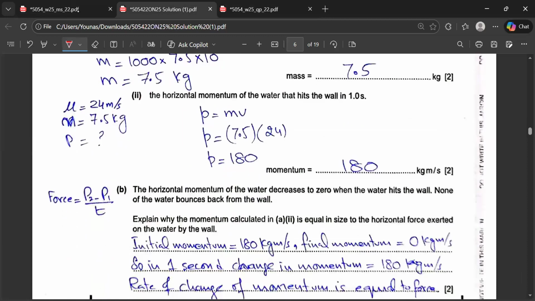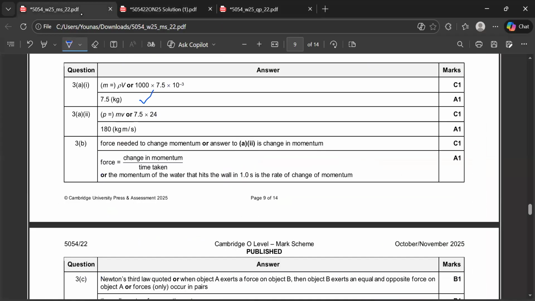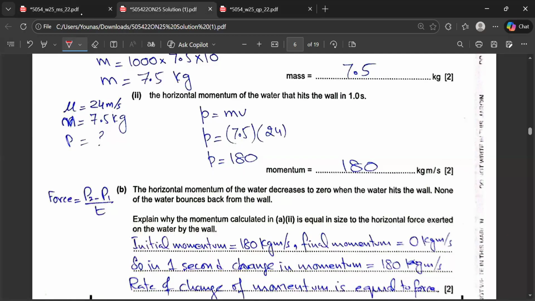The momentum will be equal to 7.5 multiplied by 24, because the velocity of the water when it hit the wall was 24 m/s. You just multiply 7.5 by 24 and you will get 180 kg m/s. That is the right answer. This is my solution. Let's go to the next part.